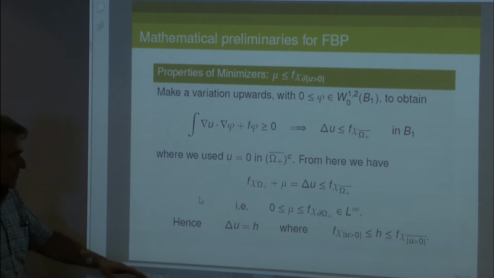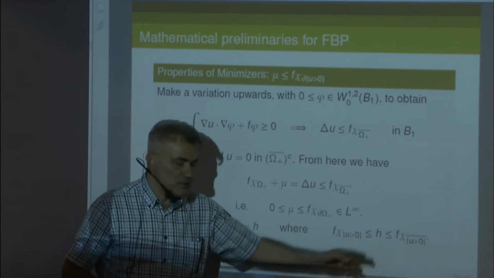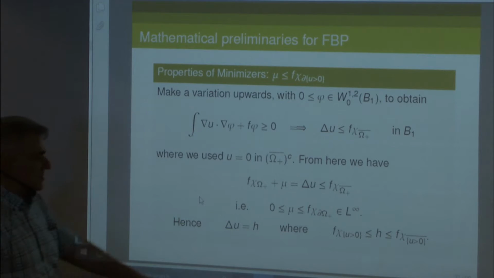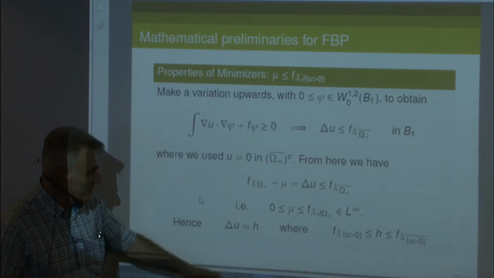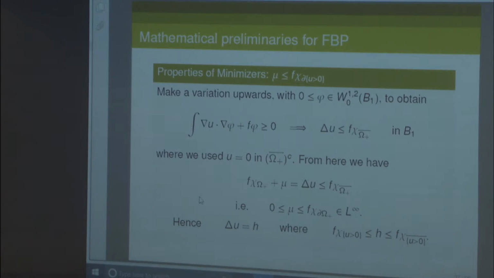Pay attention to this: Laplacian of u is h, and h is between these two functions. Here u is strictly positive, which is exactly omega plus. I'm just rewriting it; I could have used the same notation.